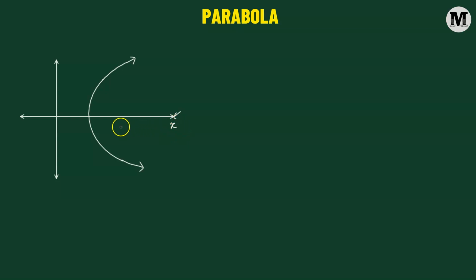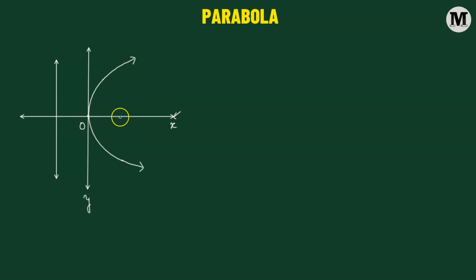Next, what we need is the y-axis. The y-axis will be chosen in such a way that it passes through the vertex of the parabola. So this is the y-axis. We have the directrix. Since this is the y-axis, this is going to be the origin. So here we are considering the parabola to have its vertex at the origin.